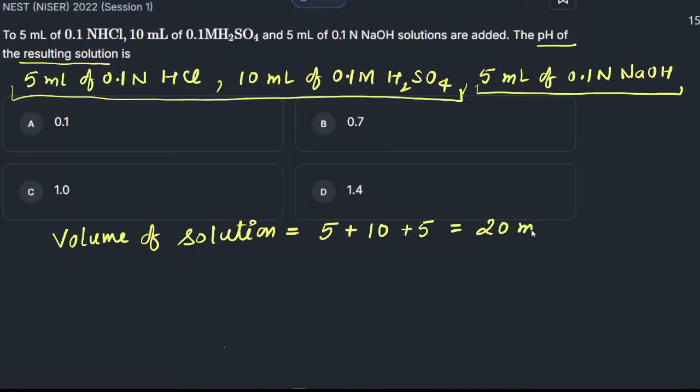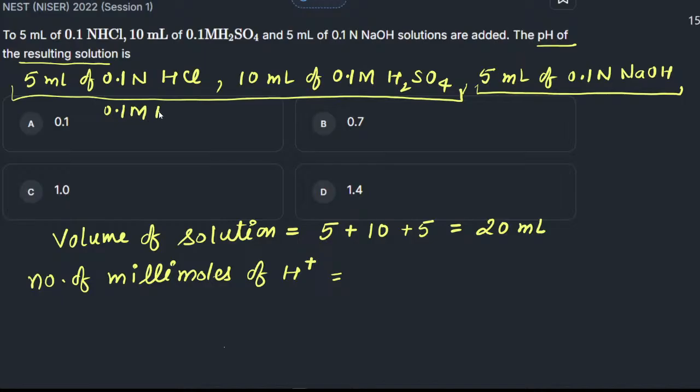Total 20 ml solution we have. Now, the number of millimoles of H plus. See, 0.1 normal is equal to 0.1 molar. Same.